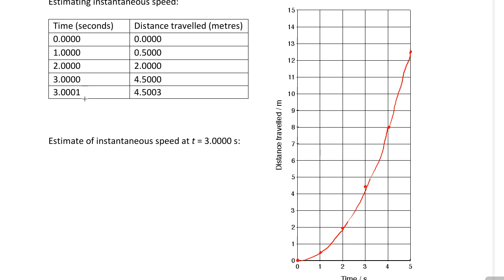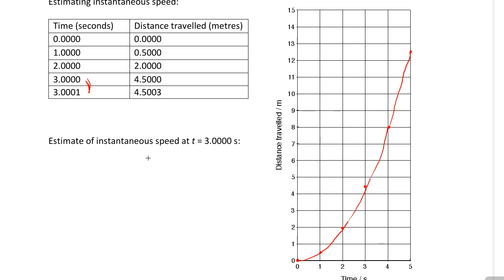Now I've got 10,000ths of a second, and I've also got a ruler or something else to measure the distance traveled more precisely. And I'm zooming in on this time, and what I'm going to ask is, what's the average speed on this very small time interval? Because the average speed on this very small time interval is going to be very close to the instantaneous speed at exactly 3 seconds, or at 3 seconds with this many decimal places, because there's just not enough time for the speed to change that much.